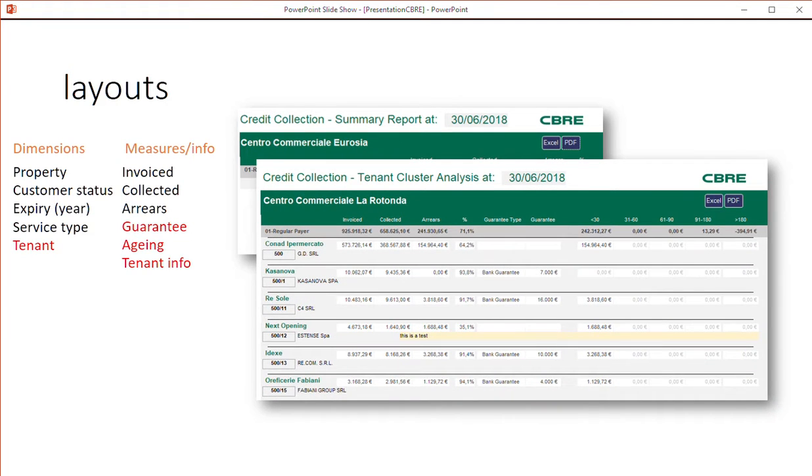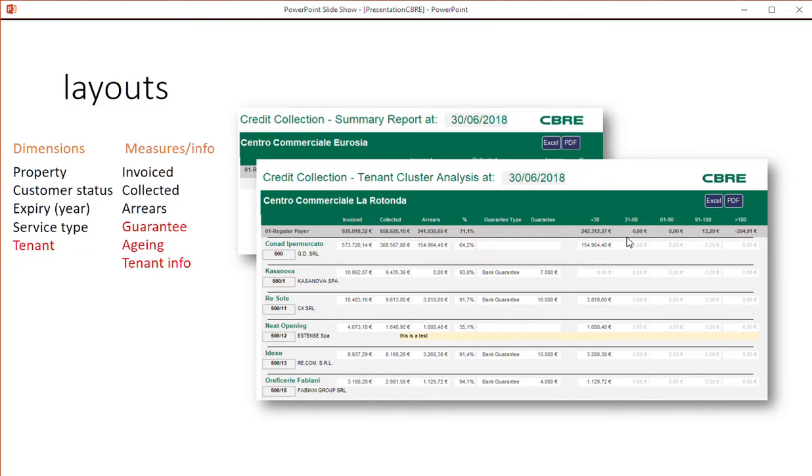Then we add a more detailed analysis, adding detail about the tenant. Here you can see that the tenant cluster analysis shows a row for each tenant, giving the same KPIs, adding information about the guarantee, its nature, and the amount that could be easily compared to the arrears, but also the aging analysis of arrears.